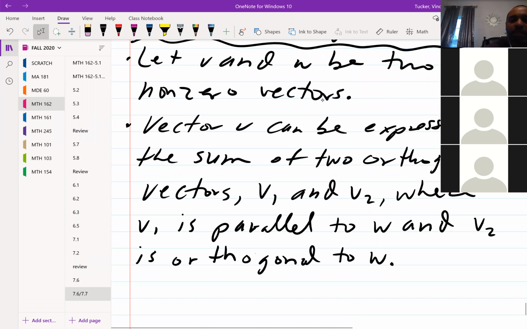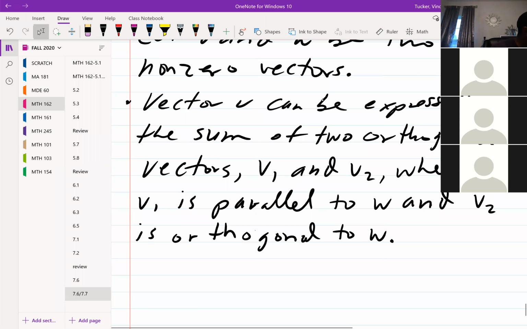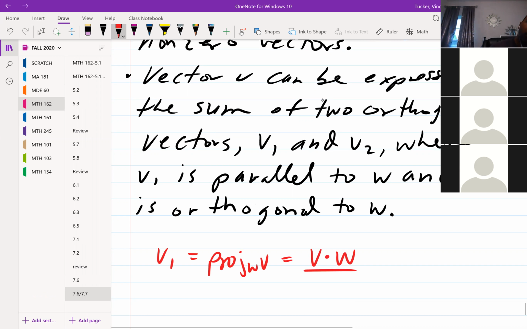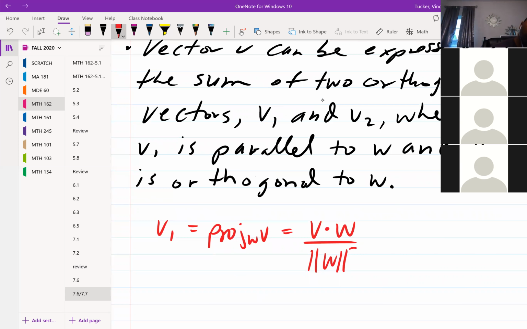Vector V can be expressed as the sum of two orthogonal vectors, V1 and V2, where V1 is parallel to W and V2 is orthogonal to W. So that sets us up to be able to use this to decompose vector V.